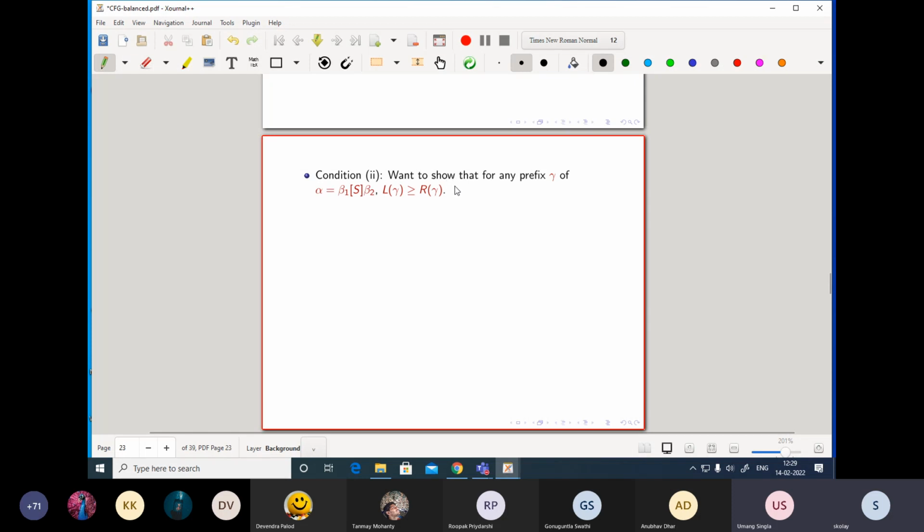Now let's look at condition 2. I want to show that if you consider any prefix of alpha, then the surplus function of that prefix should be positive, should be at least 0. Okay, so let's consider a prefix gamma and we know we are in the case where alpha is of the form beta 1 bracket S bracket beta 2.